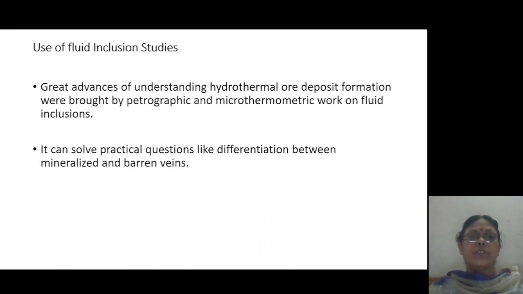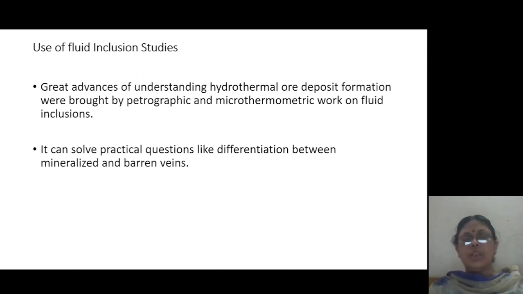Uses of fluid inclusion studies. What are the uses of fluid inclusion studies? Great advances in understanding hydrothermal ore deposits. We know that hydrothermal ore deposits have a very large variety, and many varieties of ore deposits are formed by hydrothermal processes. So advances in understanding hydrothermal ore deposit formation were brought by petrographic and microthermometric work on fluid inclusions.